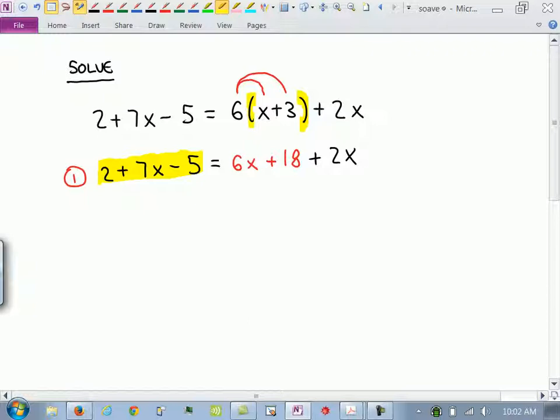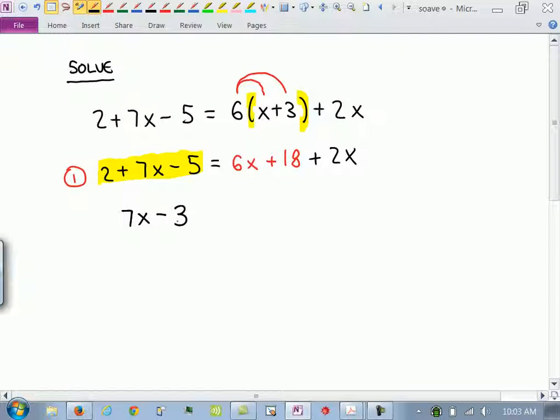The 2 and the negative 5 are constant terms. So you can put constants together, you can put variables together, but you can't put constants and variables together, right? So I'm going to take the 2 and subtract 5. What's 2 minus 5? Negative 3. Now what do I do with the 7x? Just leave it, right? Okay, so 7x, and then behind it I can put minus 3.